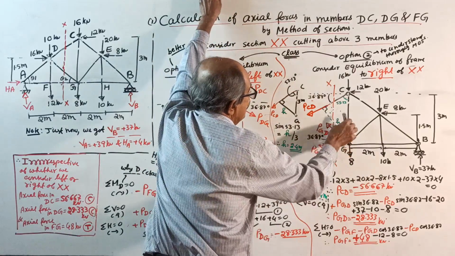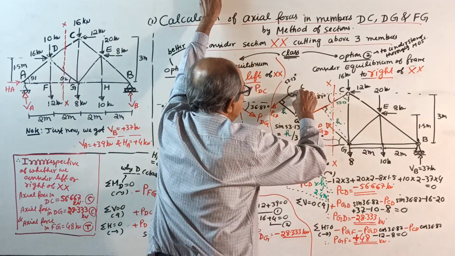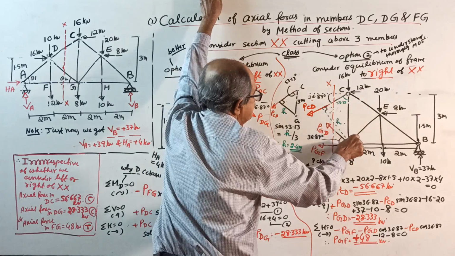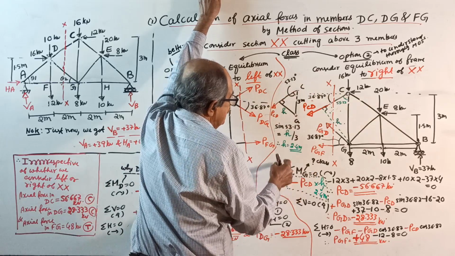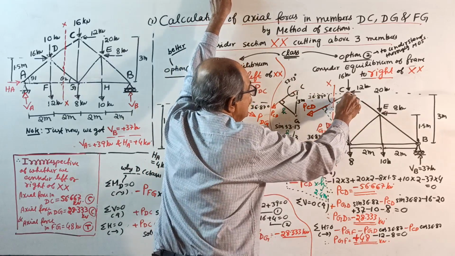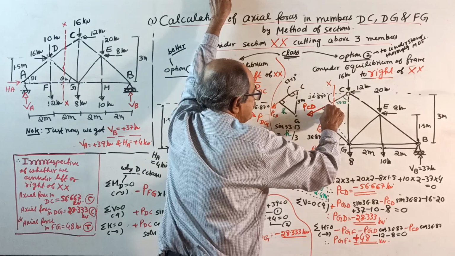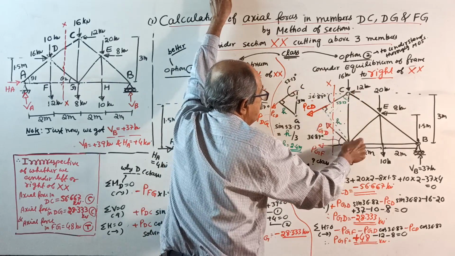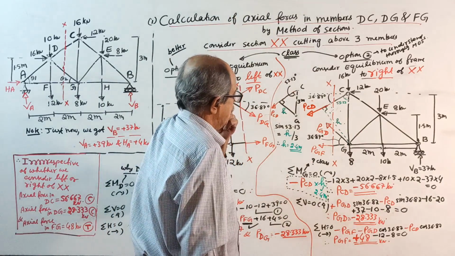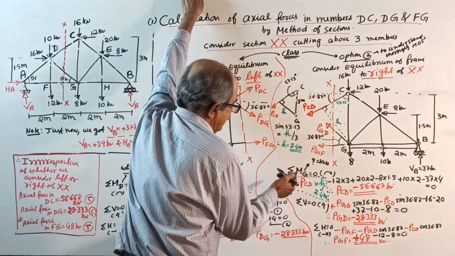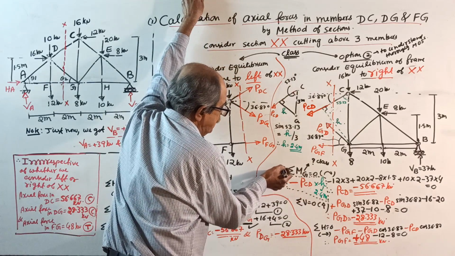Therefore sin 53.13 equals H divided by the hypotenuse, which is 3. Sin of this angle equals the opposite side by the hypotenuse. H will come 2.4 meter. Therefore, when you take moment about G, one statement you have to write.